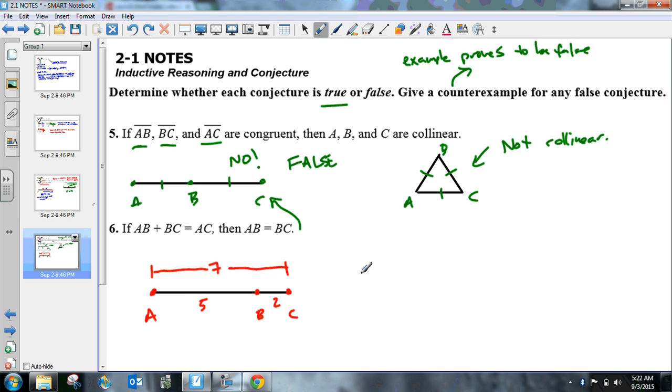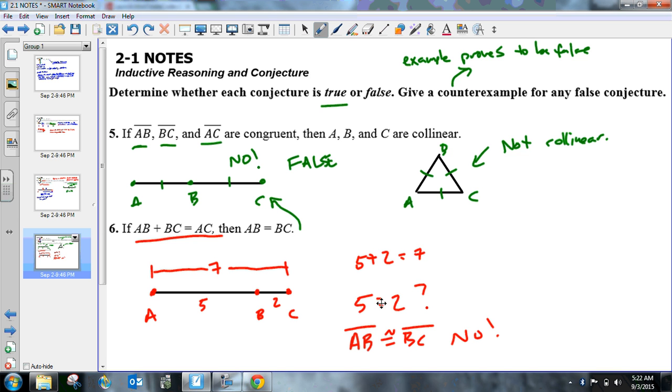I know that 5 plus 2 is equal to 7. But the question is, is 5 equal to 2? Is AB congruent to BC? And the answer is no. This doesn't work. 5 is not equal to 2. That's false. And so this whole thing, guys, is my counterexample.